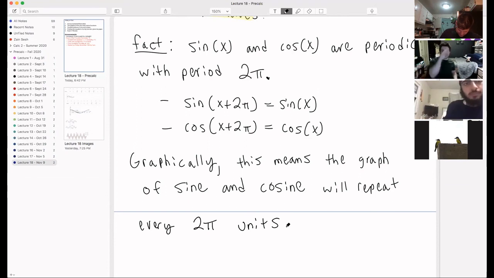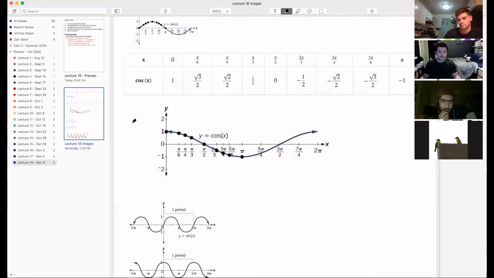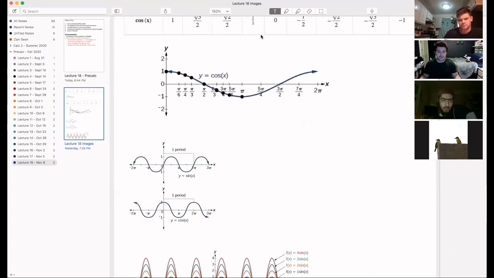So if I travel 2 pi units to the left or right on the x-axis, the graph is going to look exactly the same. This is going to be much clearer when I show a picture of it, so let's go to that. This is a really nice picture.